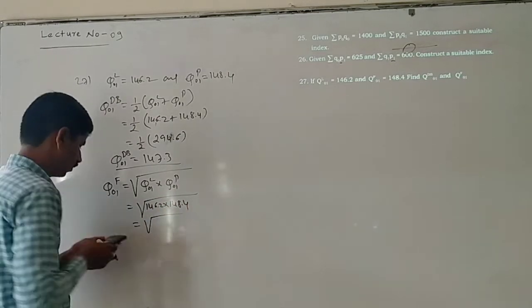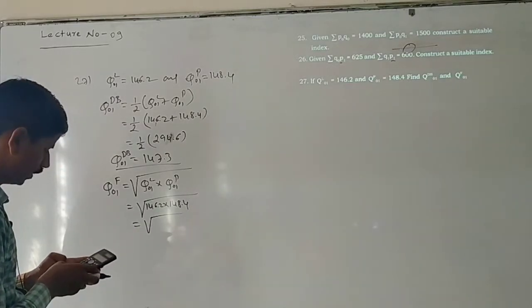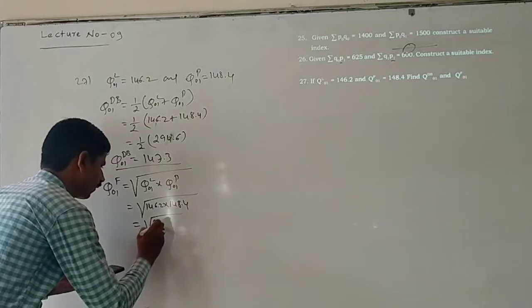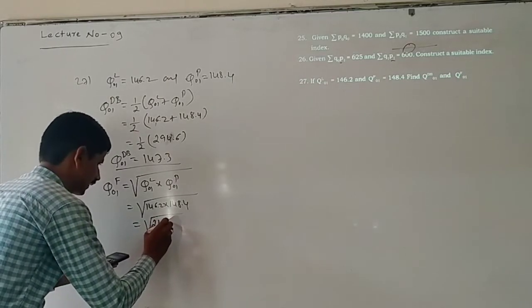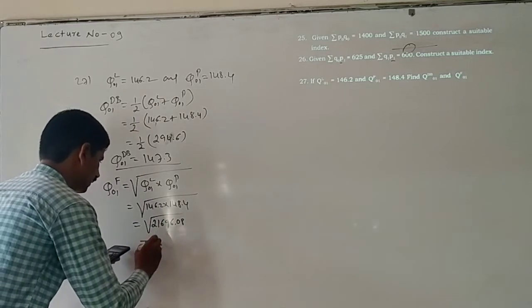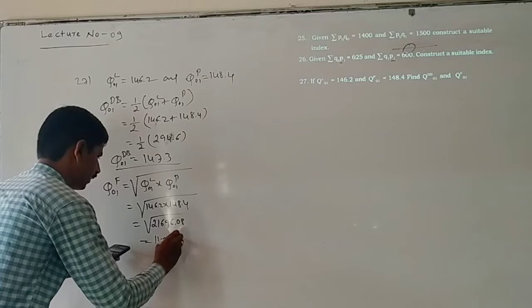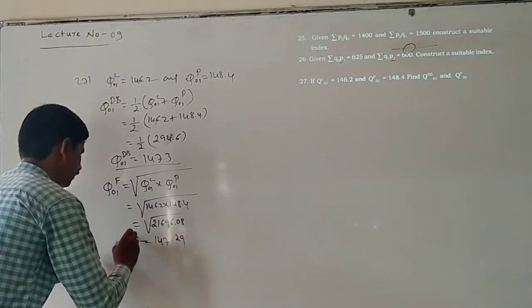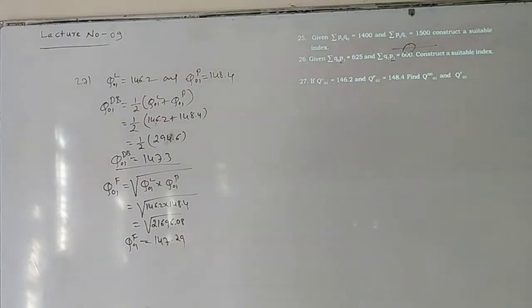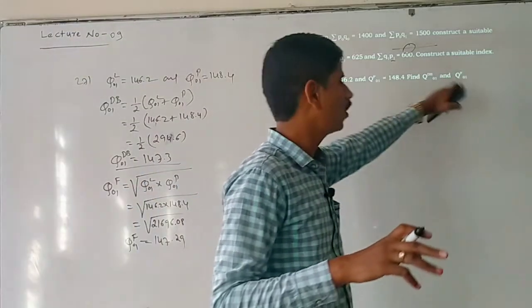Under root of 146.2 into 148.4, which is 21696.08. Under root of this is 147.29. It is Fisher's quantity index. It is also a 2 marks question, very important. They may ask only for Drobisch-Bowley quantity index number or Fisher's quantity index number.